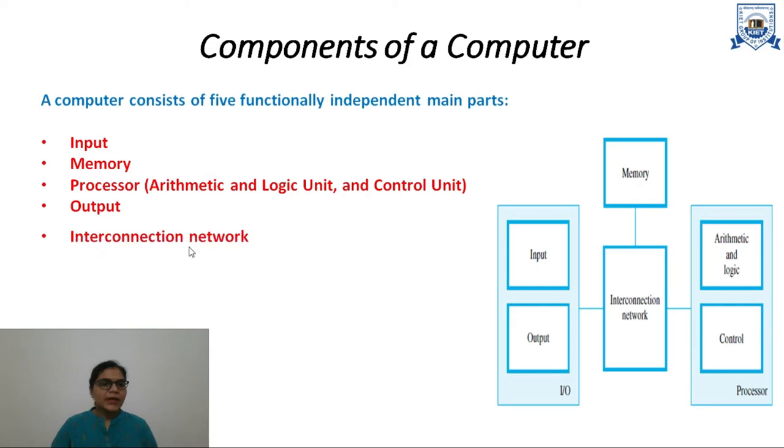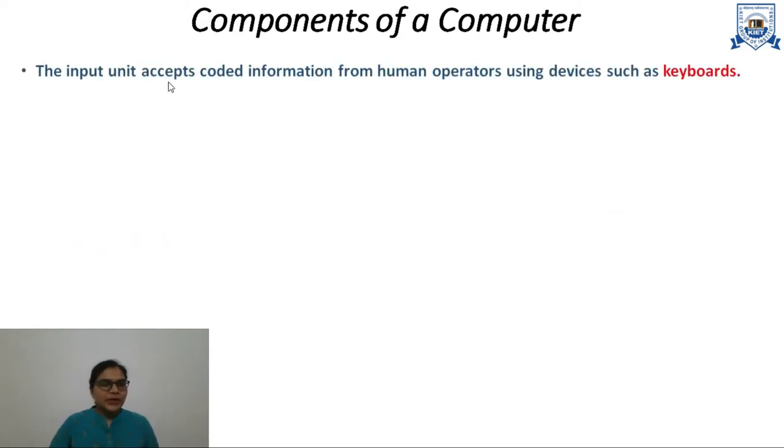These are input, memory, processor (the arithmetic and logic unit and the control unit), output, and the interconnection network. The input unit accepts coded information from human operators using devices such as keyboards. The input unit helps a computer to take data from the user. Here, coded information means the user's understandable language, a symbolic language consisting of alphabets, digits, or English language, while a computer can only understand 0-1 form of language.